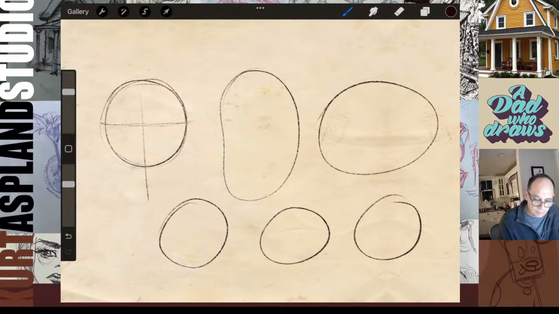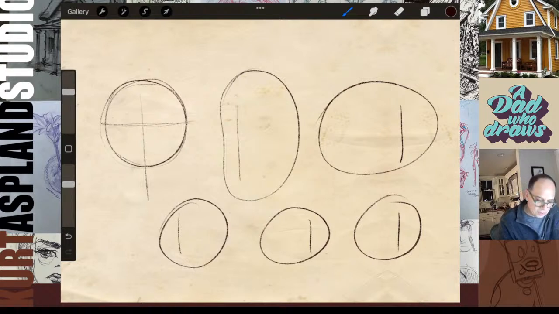We want to remember that we're always going to have a center line. And on each one of these heads, I have put a center line on different directions.